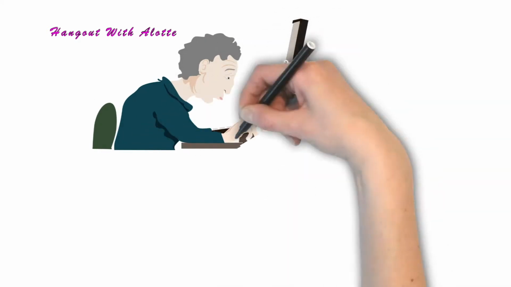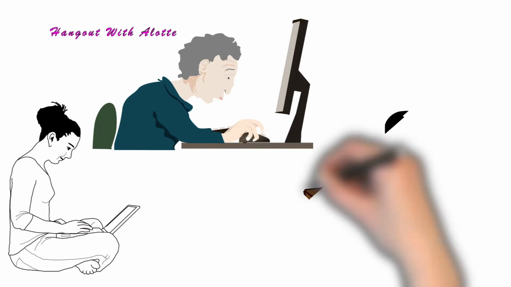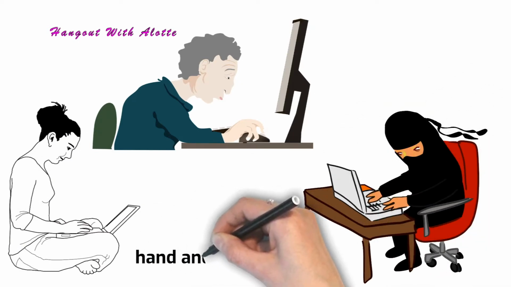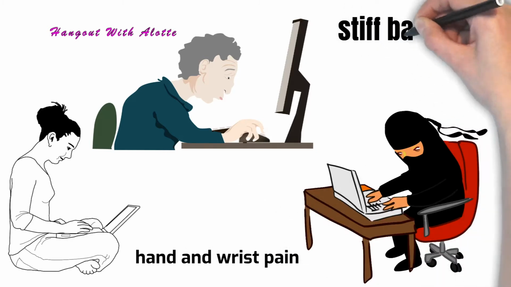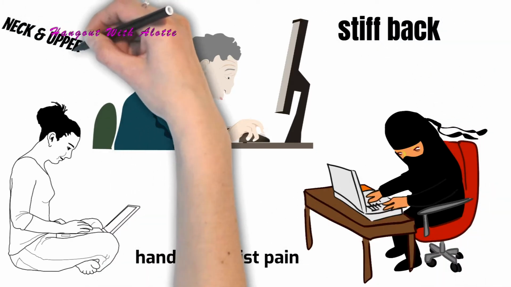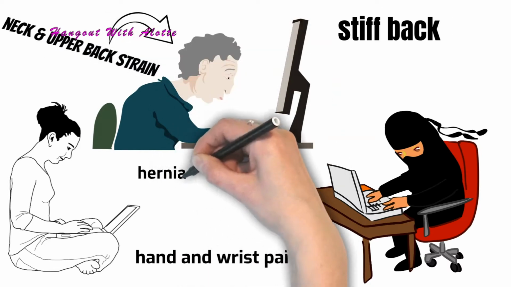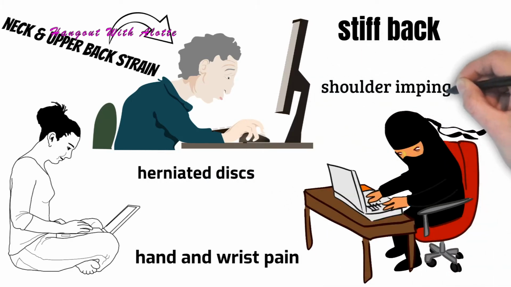Those awkward postures may lead to hand and wrist pain, stiff back, neck and upper back strain, herniated disc, as well as shoulder impingement.